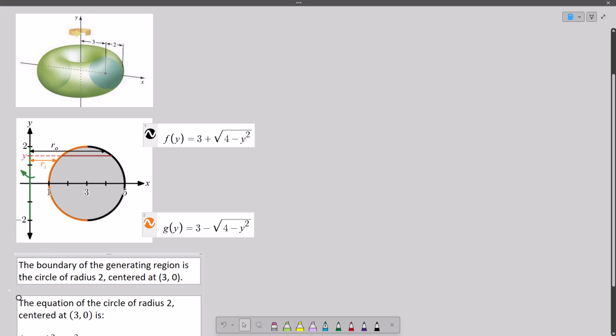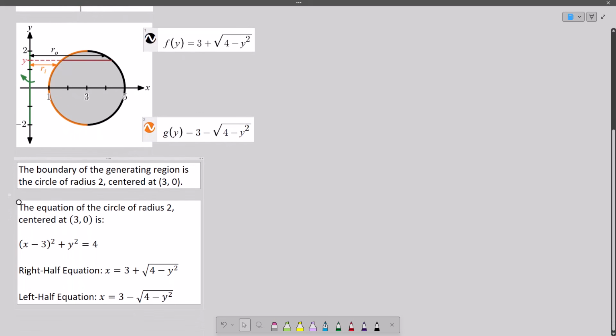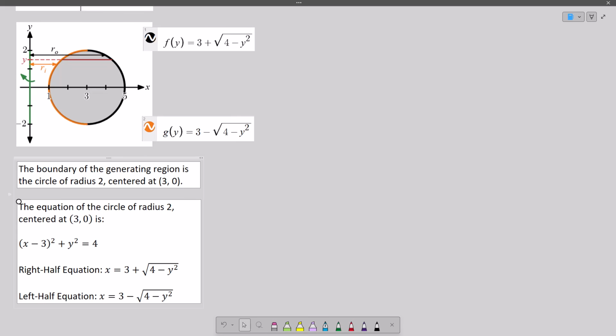We are rotating around the y-axis, so we need to be measuring horizontally. And so what we need to do is bust it apart so that we have the right half of the circle, the left half of the circle. The equation of the circle in general, circle of radius 2 centered at 3, 0 is right there.